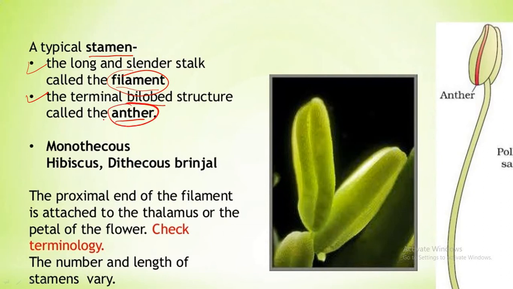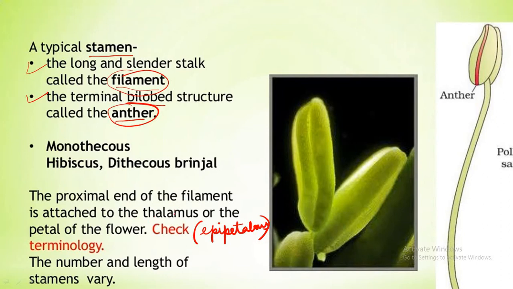The proximal end of the filament is attached to the thalamus or the petals, which is called epipetalous.